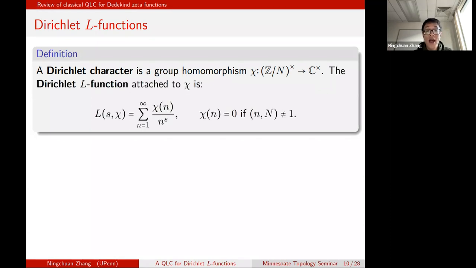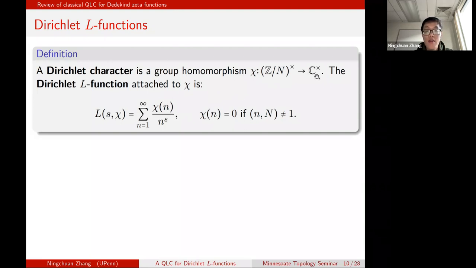The Dirichlet L-function attached to chi is this formal summation, where basically, as in the Riemann zeta function, we replace the numerator by the values of the character. I should also mention this chi of n, lowercase n, is 0 when lowercase n and capital N are not coprime. Otherwise, we just evaluate chi at the residue class of n mod capital N.